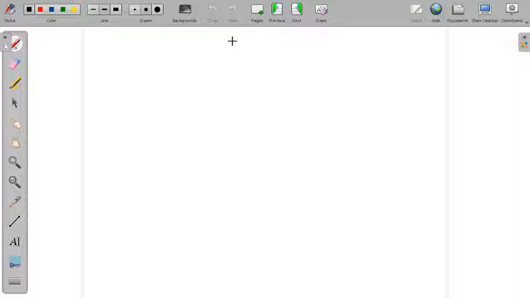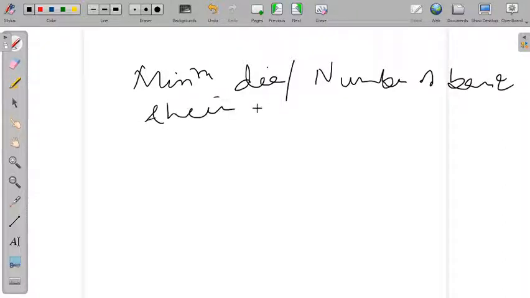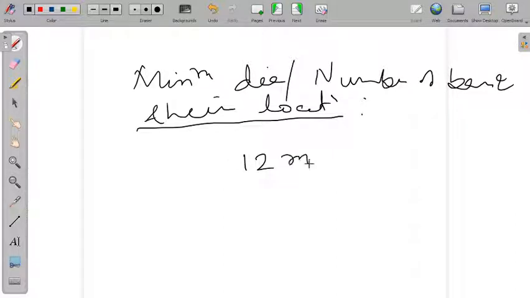You can give a heading: minimum diameter, number of bars and their locations. The code book says the longitudinal bars should not be less than 12 mm dia.